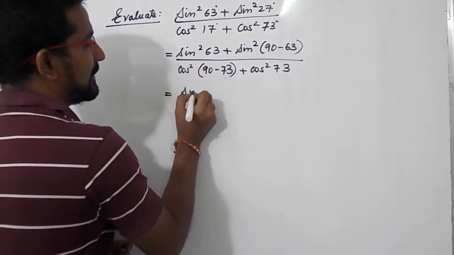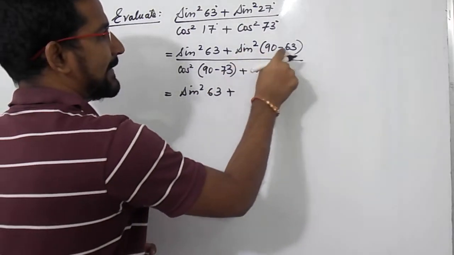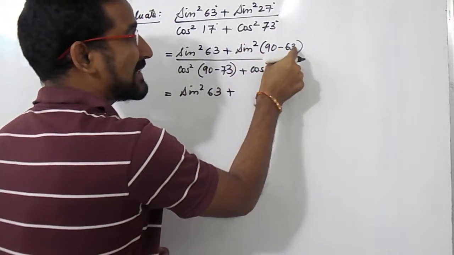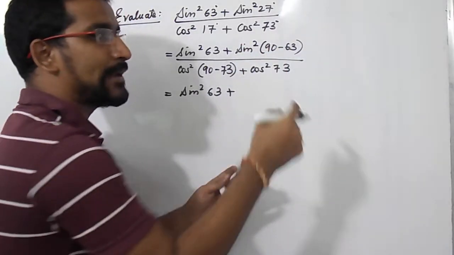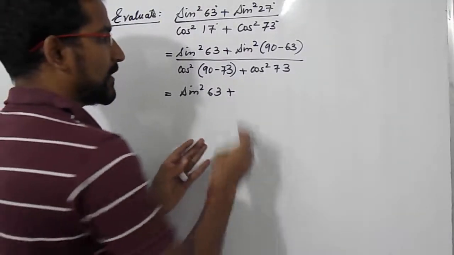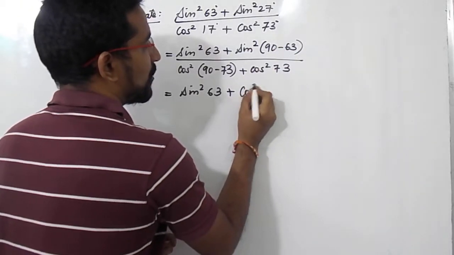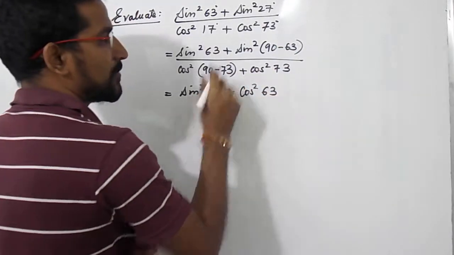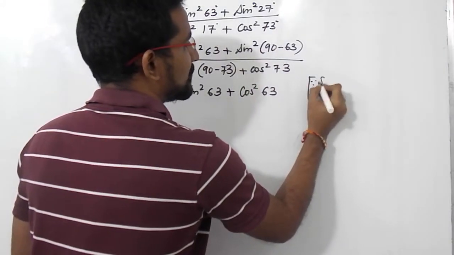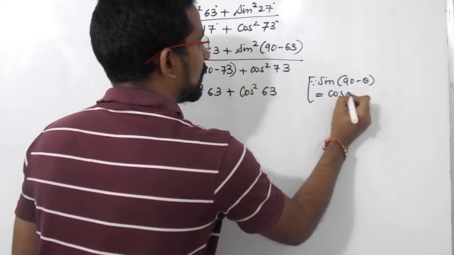Now this will be sin square 63 plus sin square(90 minus 63). So that is sin(90 minus theta). What is sin(90 minus theta)? Sin(90 minus theta) is cos theta. So in the place of sin square(90 minus 63), can I write cos square 63? Because we know that sin(90 minus theta) is equal to cos theta.